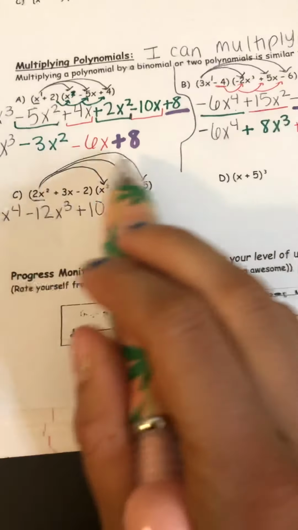And then 3 times 5 is 15, and then I do have the x with it. So 3x times 5 is 15x. And that is it for my second set of distributions I'm going to make.